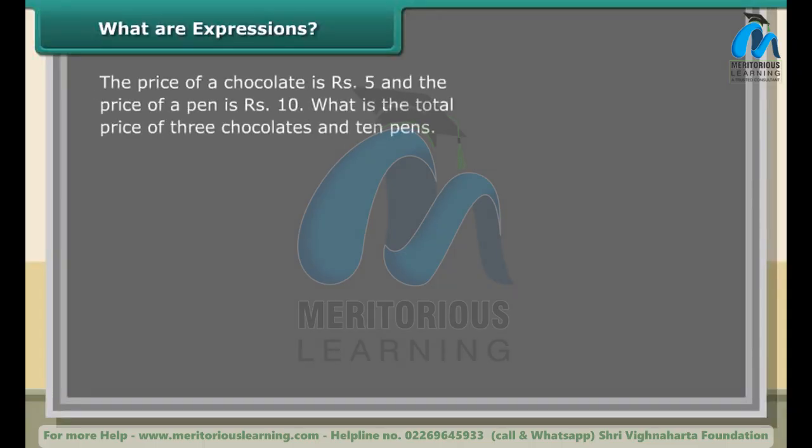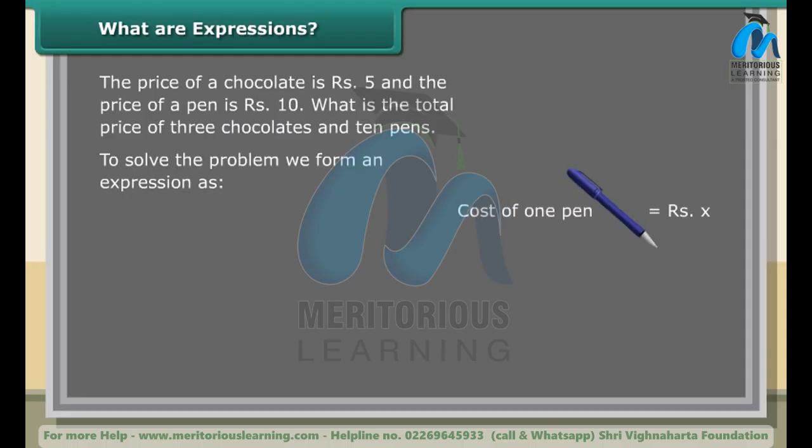The price of a chocolate is ₹5 and the price of a pen is ₹10. What is the total price of 3 chocolates and 10 pens? To solve this problem, we form an expression. Cost of 1 pen is equal to ₹X. Cost of 1 chocolate is equal to ₹Y. Cost of 3 chocolates is equal to ₹3Y.